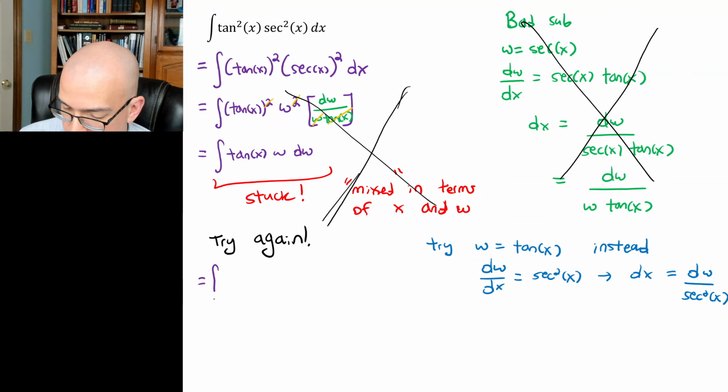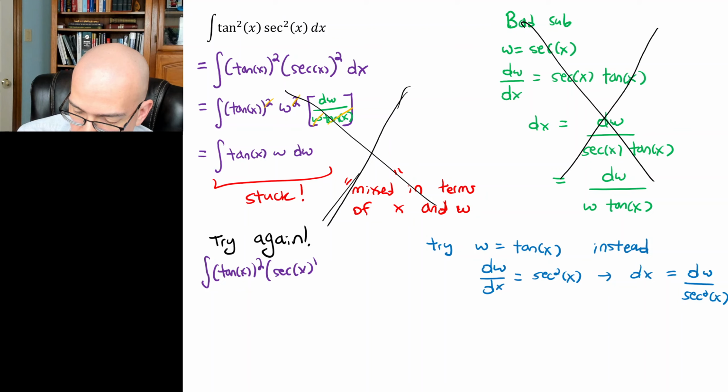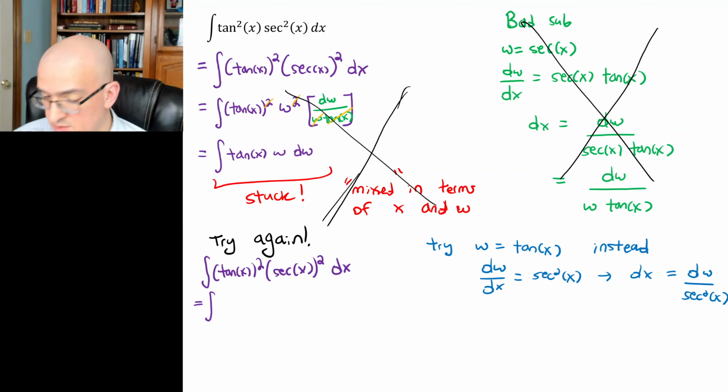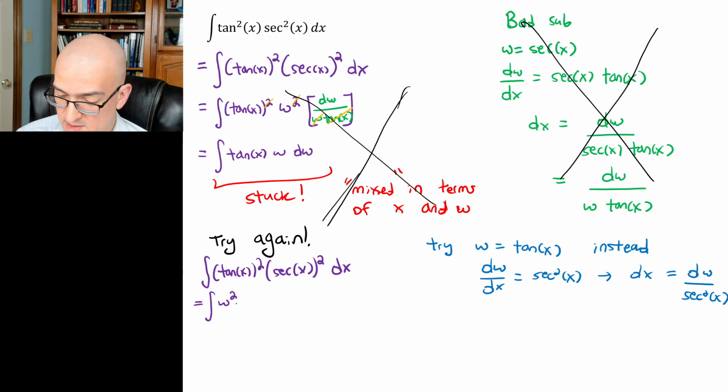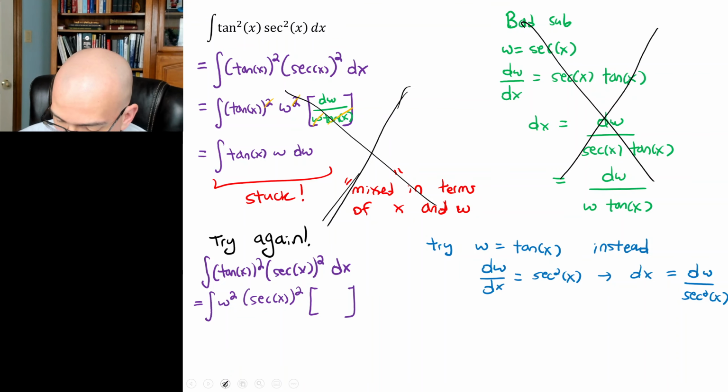So we have the integral of, I'll write down the question again, tan of x all squared times secant of x all squared with respect to x becomes, so I've replaced the tan of x with a w, so tan squared becomes w squared. Secant squared of x stays where it is, and then the dx gets replaced by dw over secant squared.